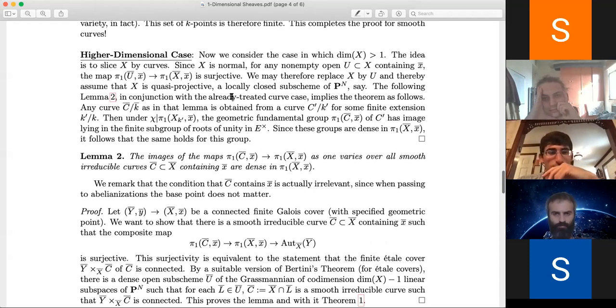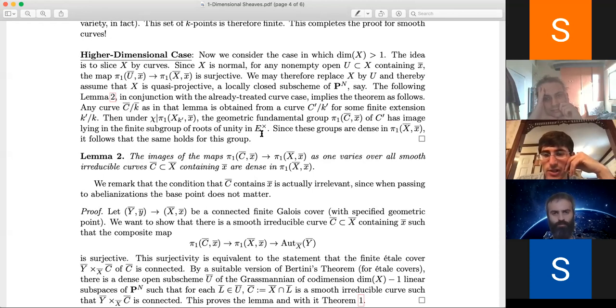And so that basically finishes the proof, because if I take a curve as in the lemma, then it actually descends to some finite extension, k prime over k. And then I consider chi restricted to pi1 base changed to k prime, or I should have actually said the geometric fundamental group, not pi1, but whatever. Then the geometric fundamental group of C prime has image lying in the finite subgroup of roots of unity because of the curve case.